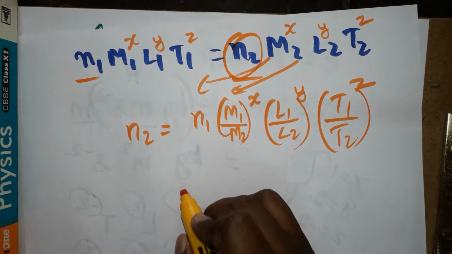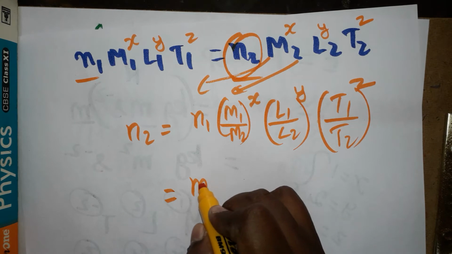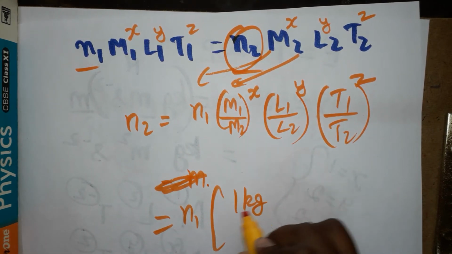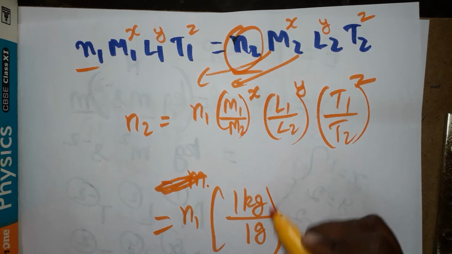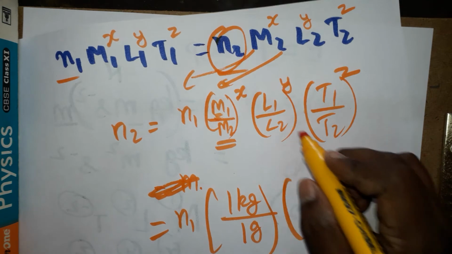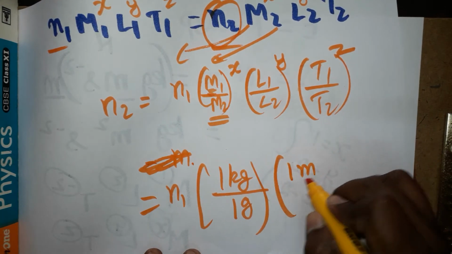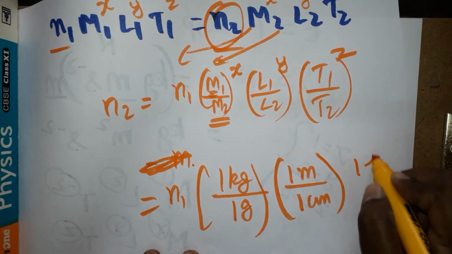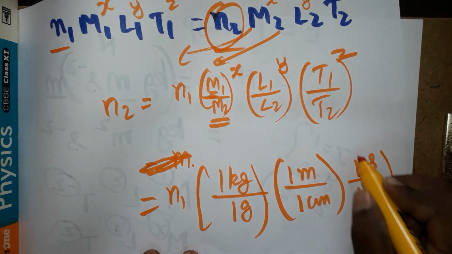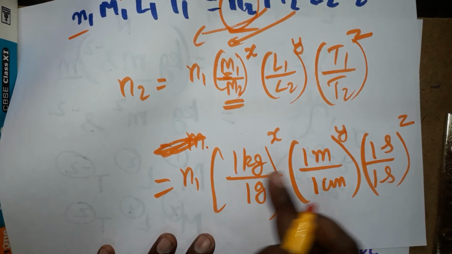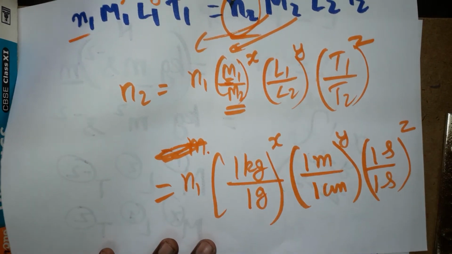Okay, M1 is 1 kg mass, so it is 1 kg divided by 1 gram, because M2 follows the CGS system and M1 follows the MKS system. L1 is 1 meter and L2 is 1 centimeter, and T1 is 1 second, T2 is 1 second. So 1 kg is 1000 gram, 1 meter is 100 centimeter.